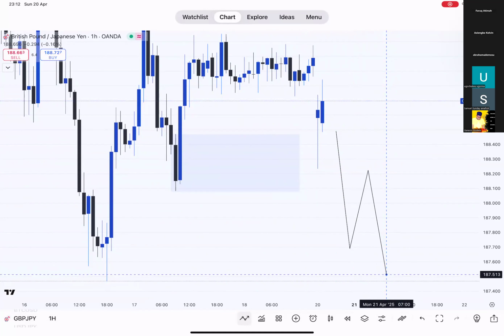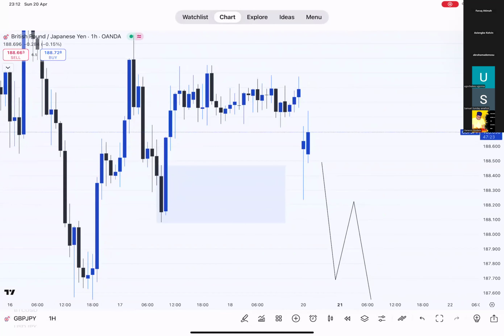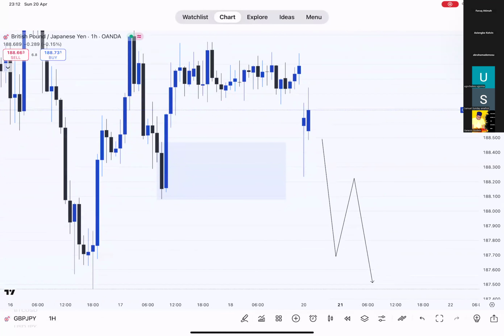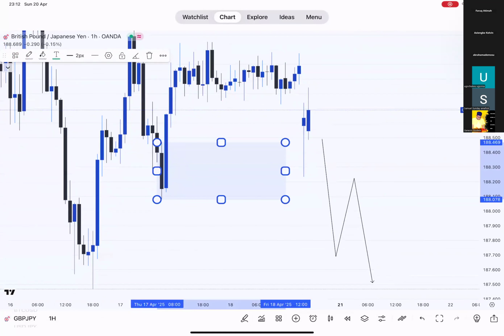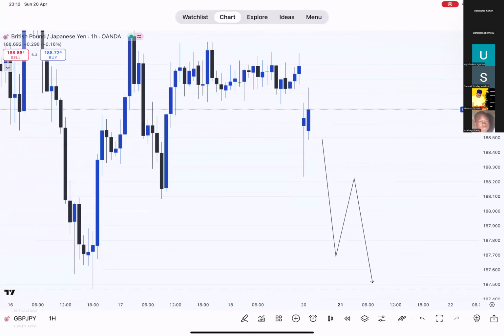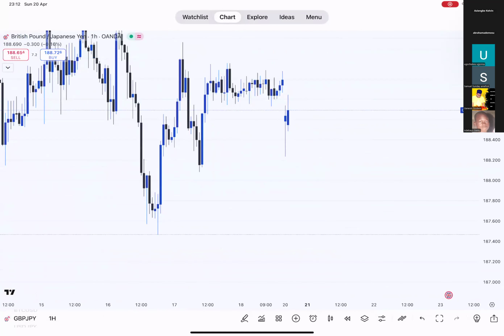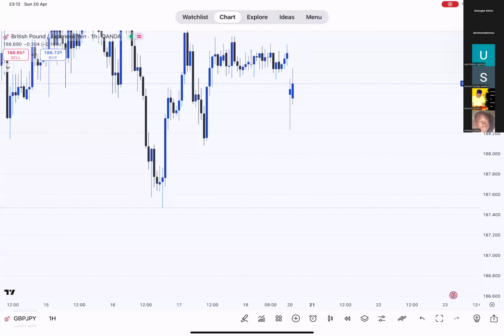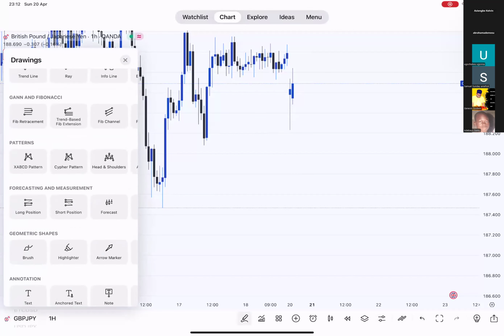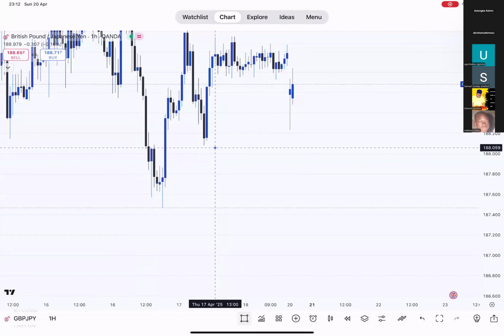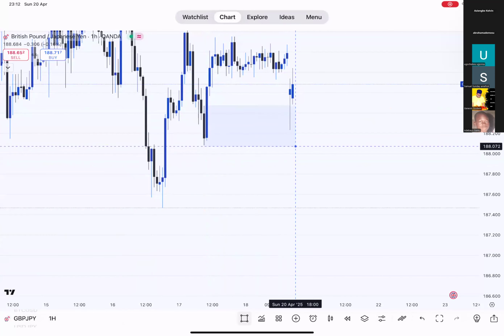Okay, boss. Thank you. In some cases where you see a zone and think I marked the zone from the wick, it's about going to the lower time frame. For example, this particular zone is a big order block.